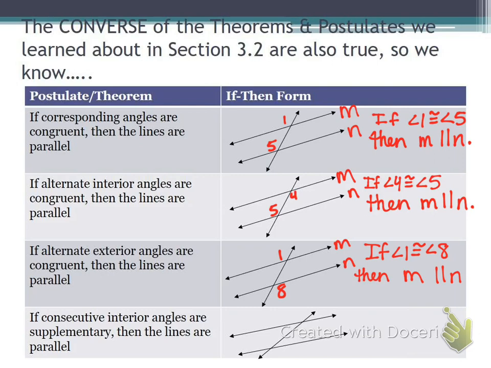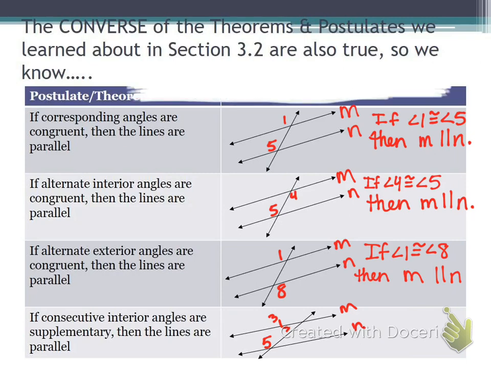All right, down at the very bottom, again, we would have those same lines, M and N. This time we're looking at consecutive interior angles. So this time I'll look at angles 3 and 5. So I want angle 3 to be in here, angle 5 to be down here. Now this time I am not going to talk about 3 and 5 being congruent. I would need to talk about them being supplementary. So I'm going to take it up to the top where I've got a little more space.